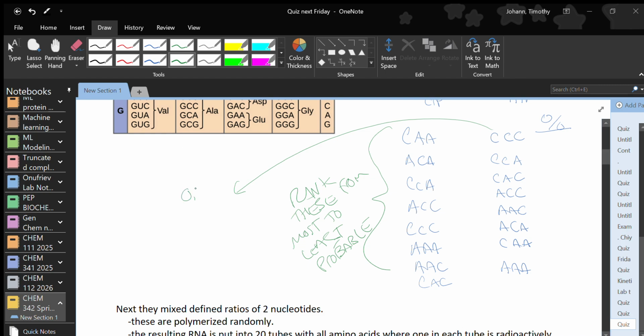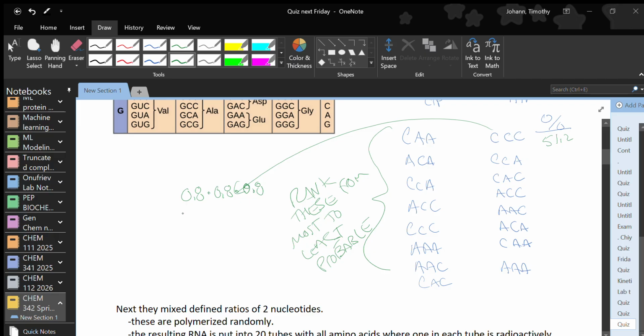So there's an 80% chance that the first one's a C, because it's 80% C in solution, times 0.8 that the next one's a C, times 0.8 that the next one's a C. All right, so we can get our calculator. And that is, putting it into a percent, 51.2%.